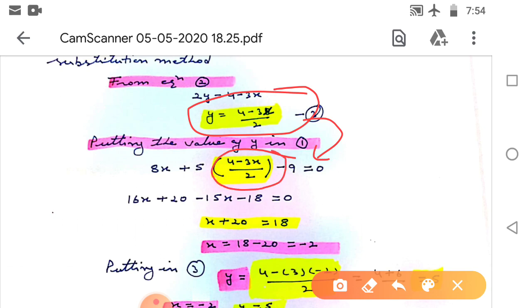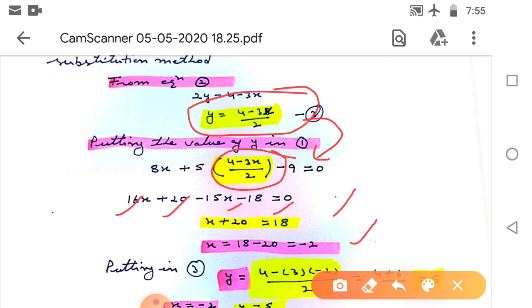Right? So take the LCM. So 16x plus 20 minus 15x minus 18 is equal to 0. So finally we get x plus 20 is equal to 18, and x is equal to minus 2.